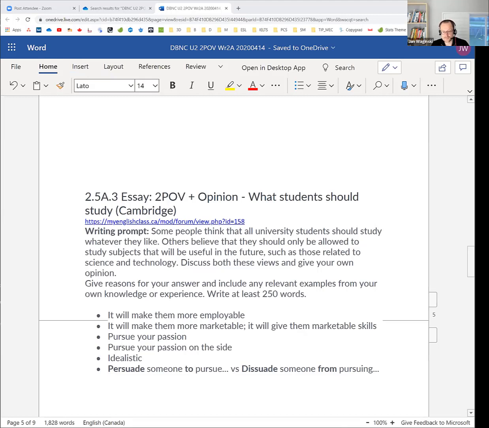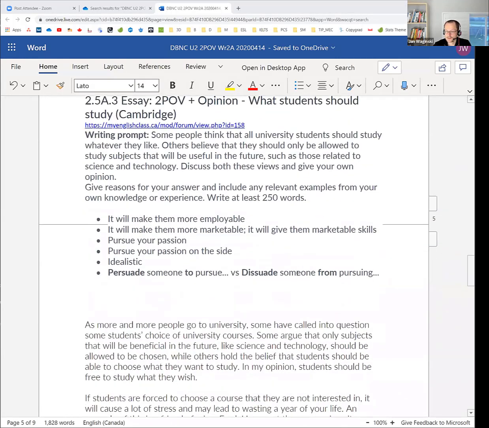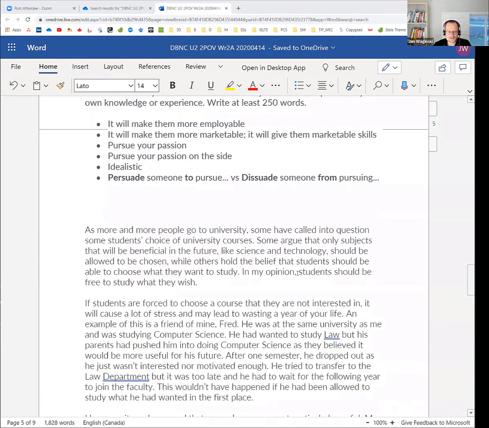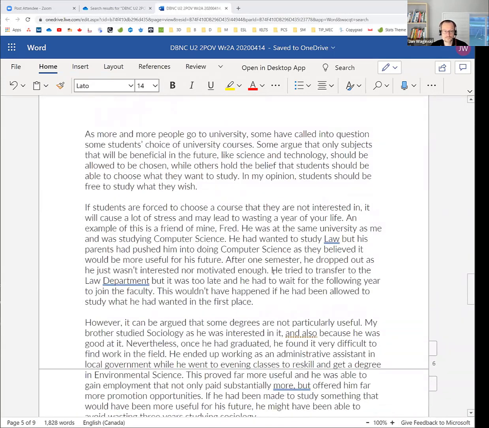Agreed. Okay, let's have a look at this model, and let me ask Oksana to start reading. As more and more people go to university, some have called into question some students' choice of university courses.